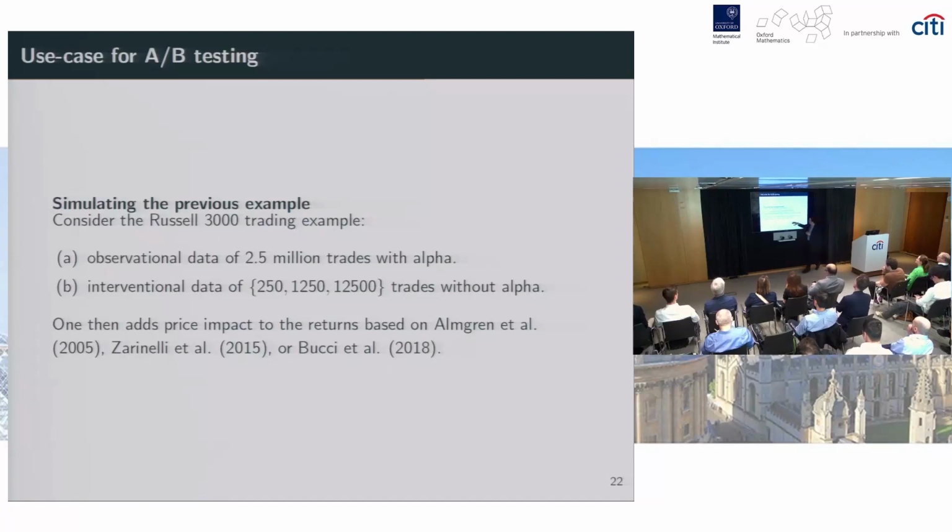So ranging from what we think is a realistic but small experiment, a realistically medium to large size experiment, and then not exactly a limiting case, but a case where you start having a lot of interventional data. An expensive experiment, let's put it this way. And we also tried different price impact models just to make sure that the results are robust to that. They're not specific to, say, a linear model or a square root model.